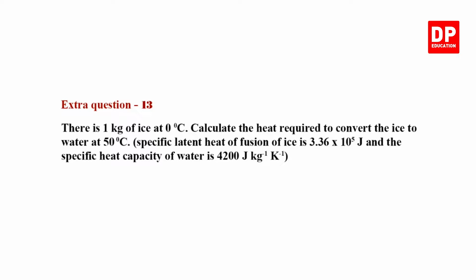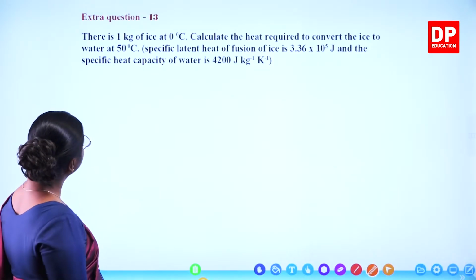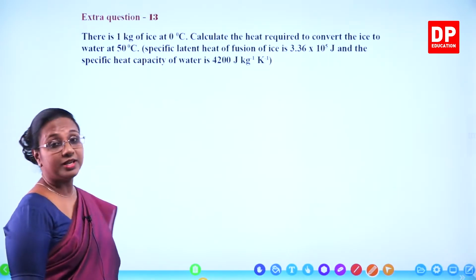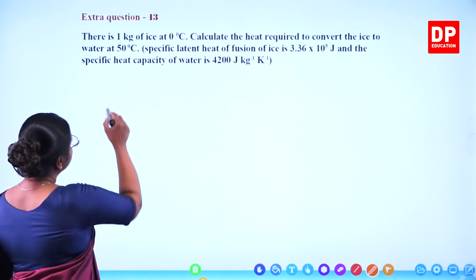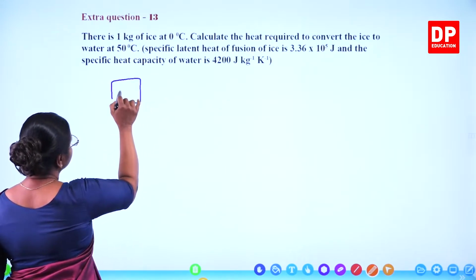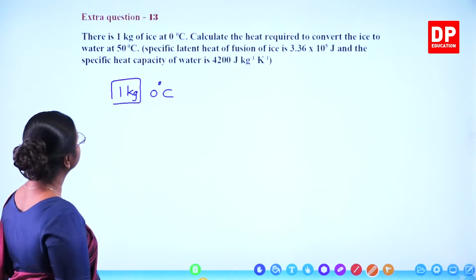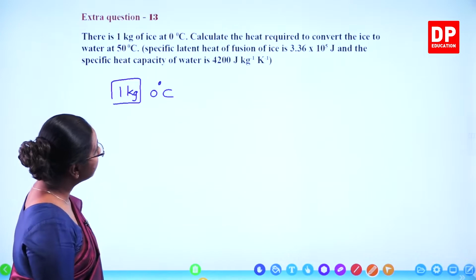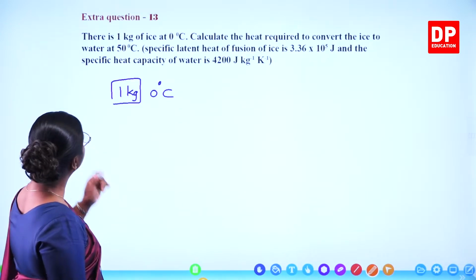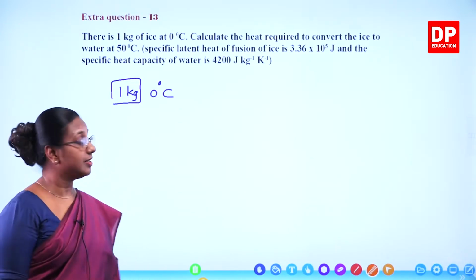Extra question 30. There is 1 kilogram of ice at 0 degrees Celsius. So if you take the ice, there is 1 kilogram and the temperature is 0 degrees Celsius. Calculate the heat required to convert the ice to water at 50 degrees Celsius.